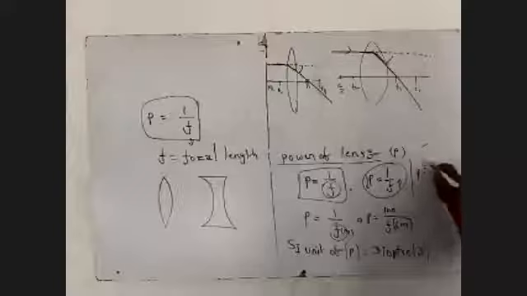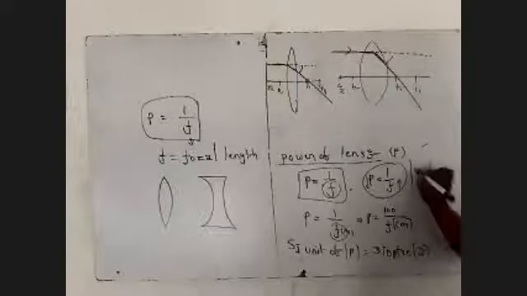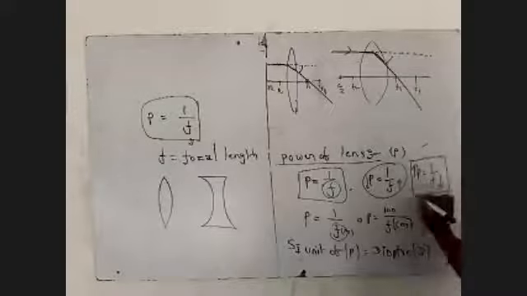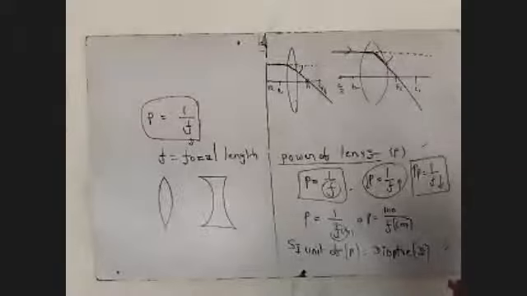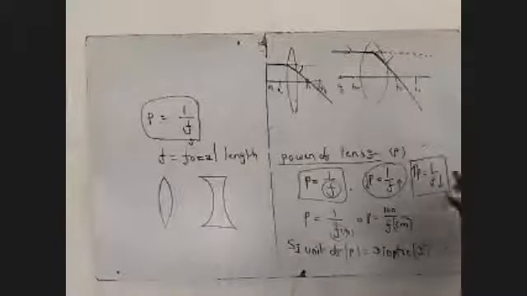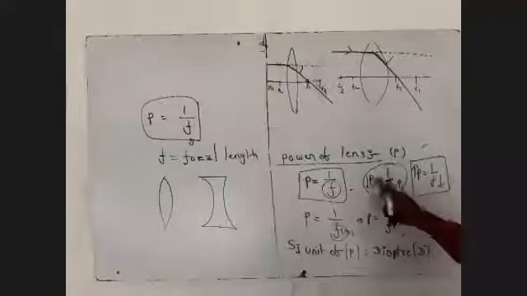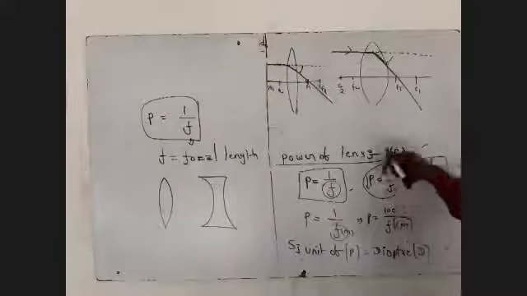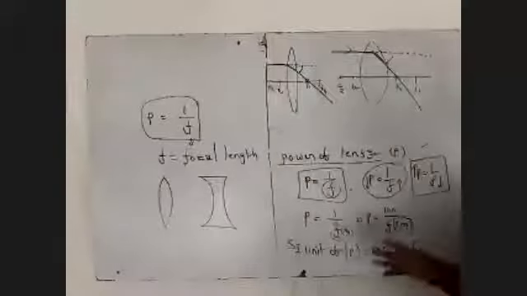If the focal length of the lens decreases, the power is more. Focal length is less means power is more. Focal length is more means power is less.